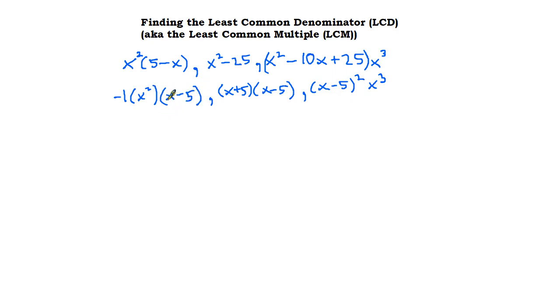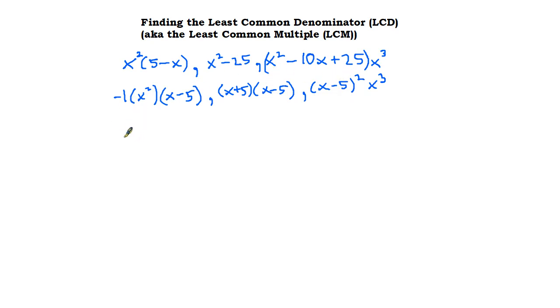Now, I kind of had to factor out that -1 because if I don't, then I would have to include 5 minus x in my least common denominator along with x minus 5. They would be considered two different prime factors. But by factoring out the -1, now all I have to do is include -1 in my LCD, in addition to the x minus 5 from these guys.